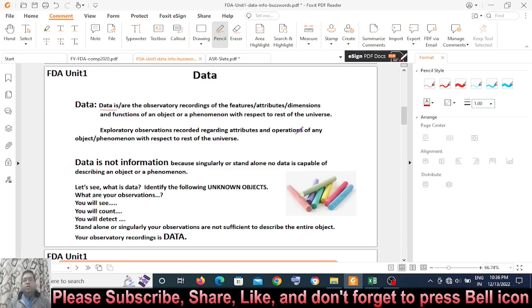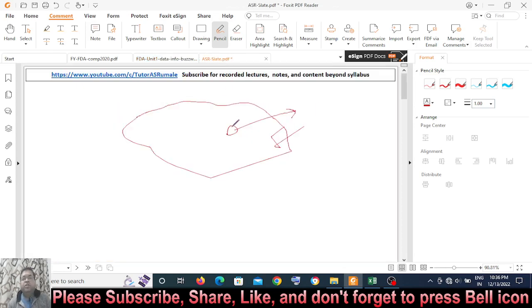For example, here we have this object and this is the universe. This object has a circular shape, and this shape makes it stand out from the universe.